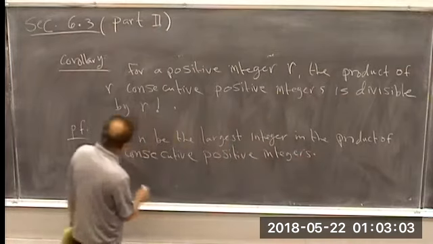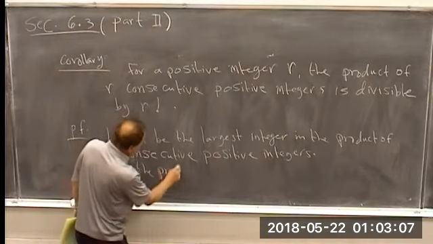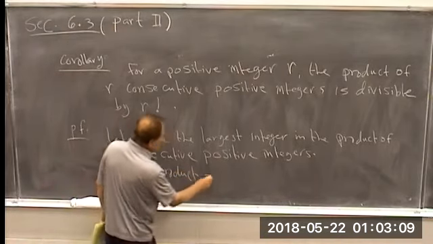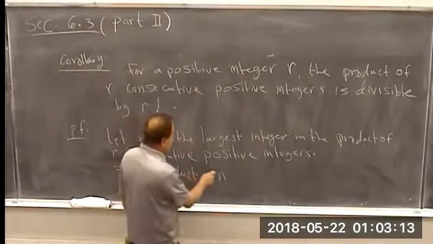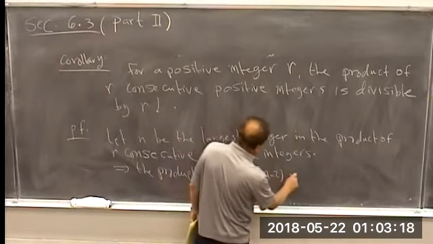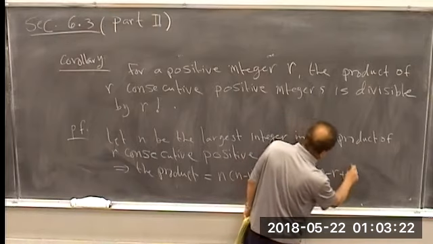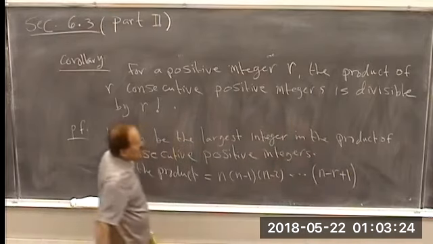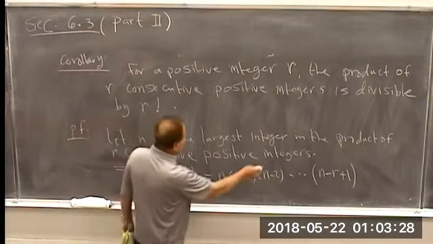This implies the product is going to be equal to, this is listed in decreasing order, so the largest is n, then n minus 1, n minus 2. The last one is going to be n minus r plus 1. So altogether there are r, and they are all positive integers.